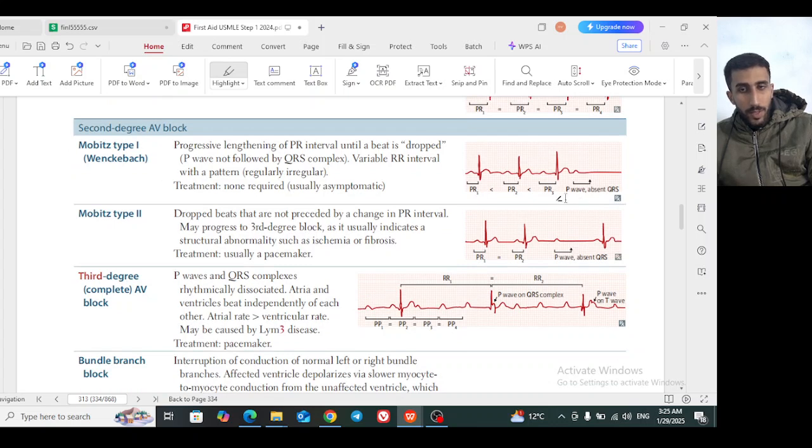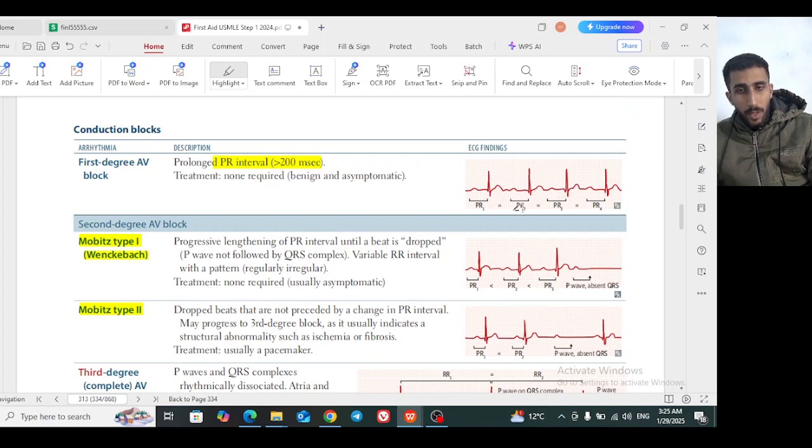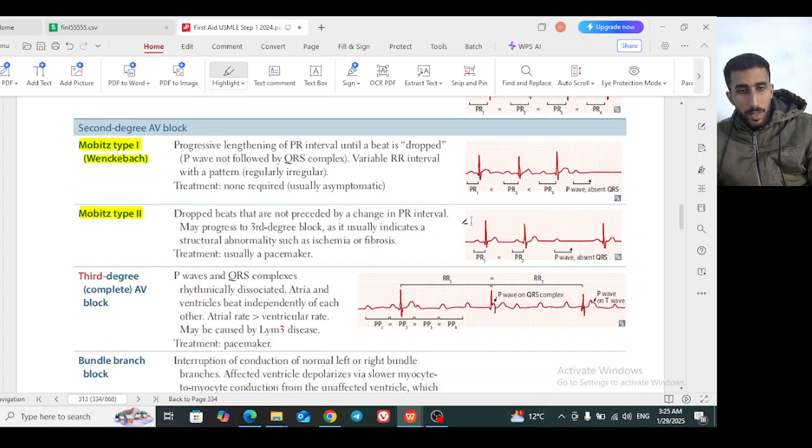Second degree heart block is further subdivided into Mobitz type 1, or Wenckebach, and Mobitz type 2. For Mobitz type 1, there is progressive lengthening. You remember in the first degree, the PR interval was the same throughout the ECG, but here the PR interval keeps progressing and increasing in size until we reach a dropped beat. The P wave here is not followed by a subsequent QRS complex.